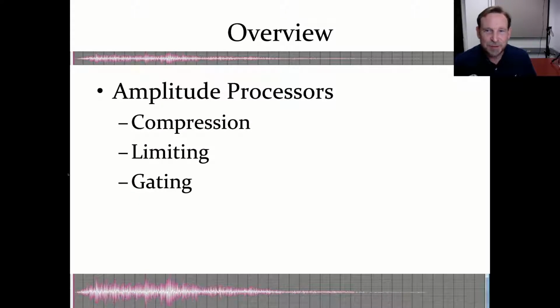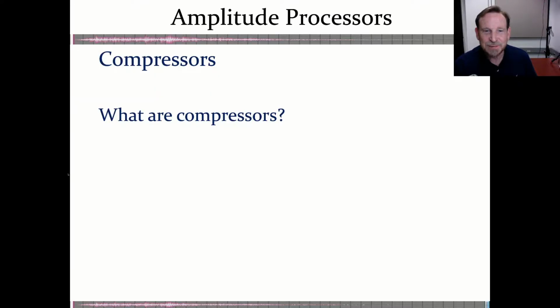We've got amplitude processing right now, again focusing on the volume, the dynamic range, and compression, limiting, gating will be our primary areas of discussion now, but as I said, we'll hit a couple of other things as well. So it's important to recognize what compressors are, and I like to highlight the fact that compressors are generally used to manage the overall volume of a sound source, right? So we can control how loud it is getting.